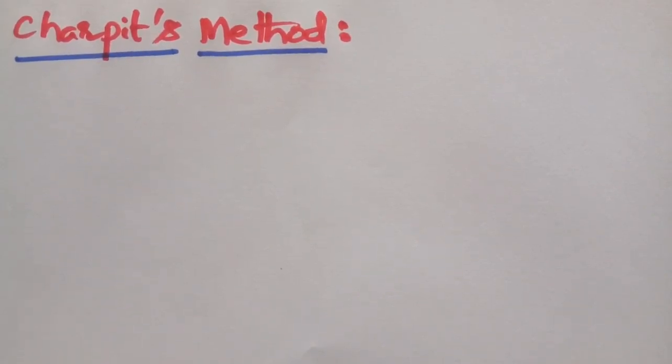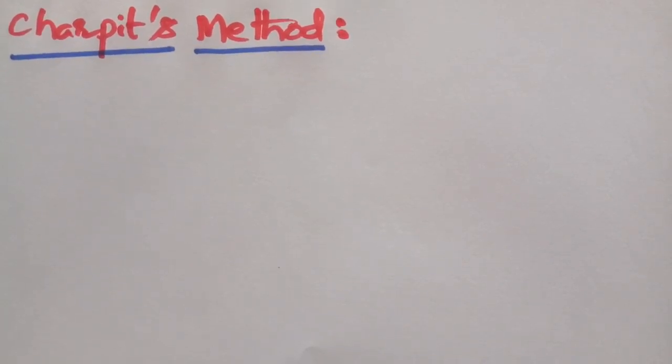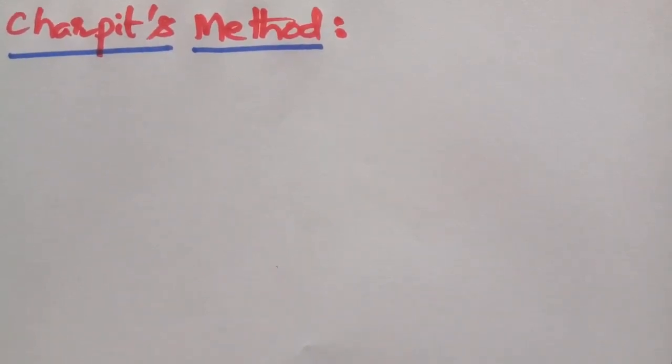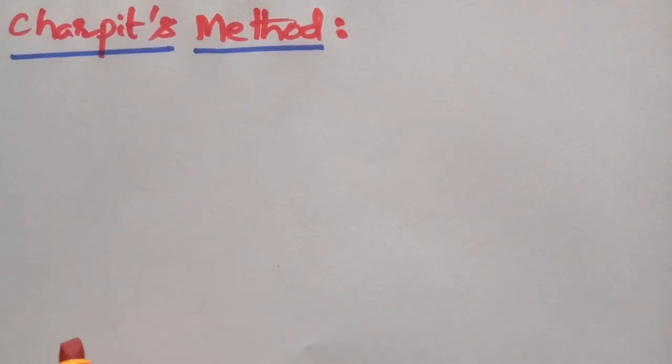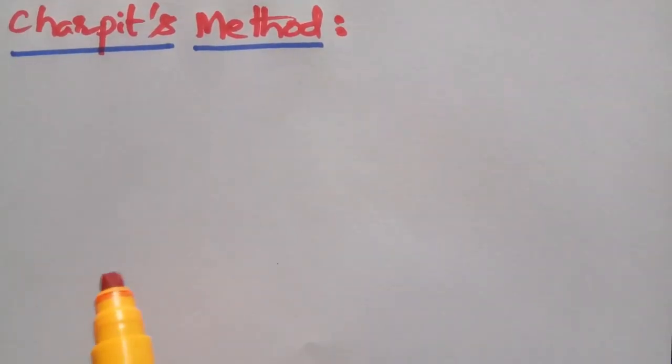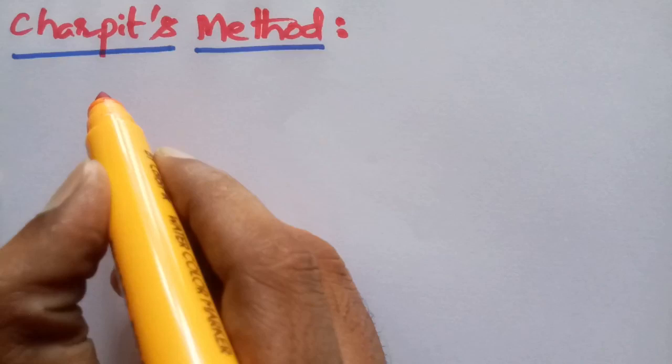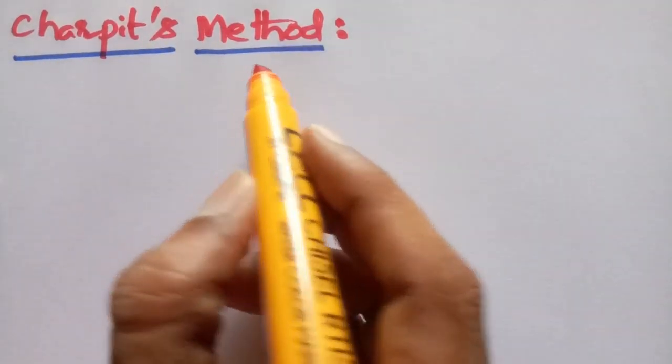If any problem is not possible to solve by those methods, we can get the solution by Charpit's method, since it is a general method. So Charpit's method is the general method to solve the nonlinear partial differential equation of first order.